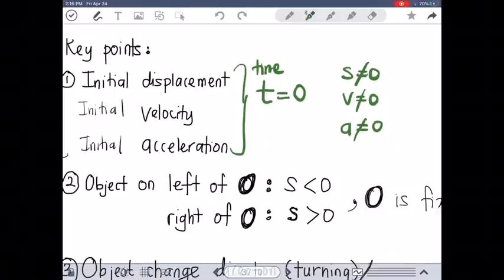As for initial velocity, the object can pass through point O at a certain speed, so it doesn't have to start from rest, so v doesn't have to be 0. So does acceleration. So at the initial point, the only constant thing is that time t is equal to 0, nothing else.